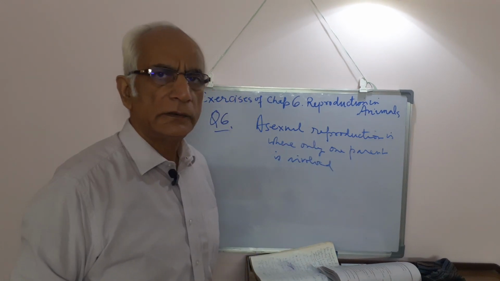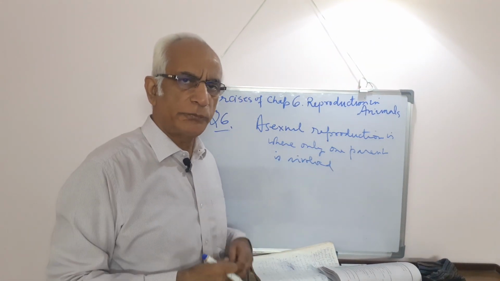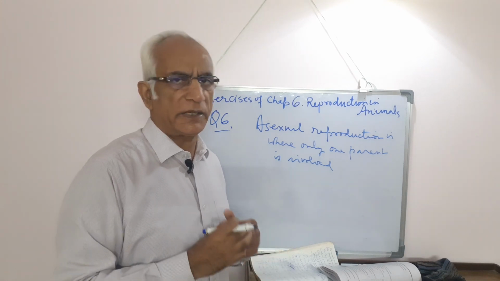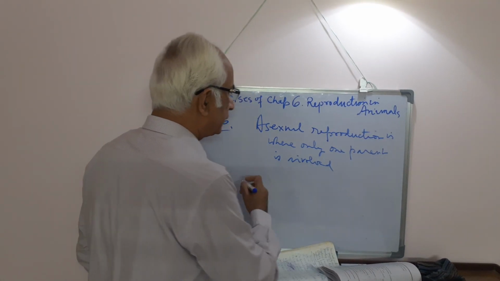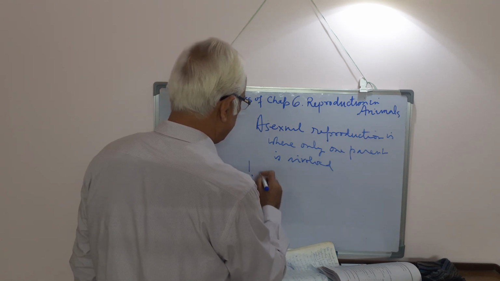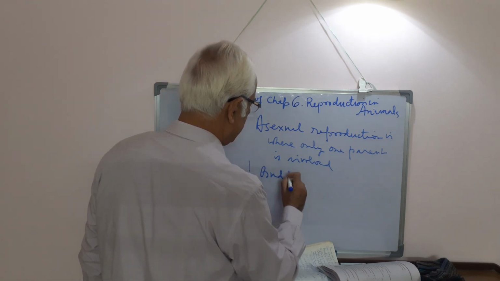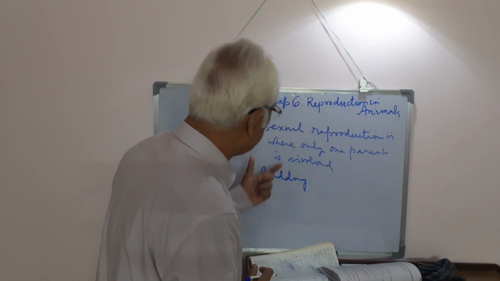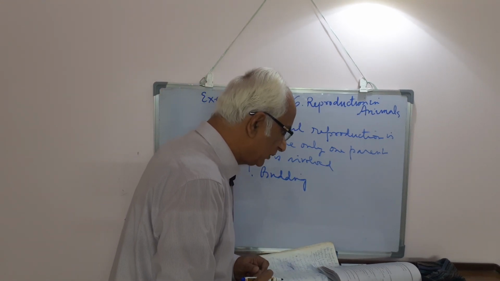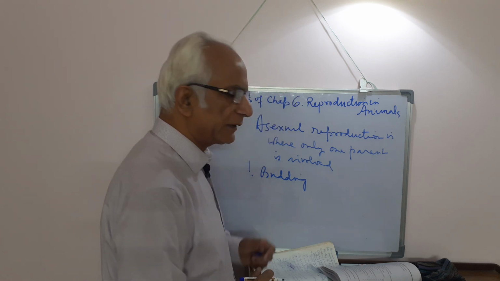Okay? So a new offspring will be produced from one parent. You don't require two parents. The question is, what is asexual reproduction? This is the answer. And describe two methods. So there are two methods you can say. One is budding.